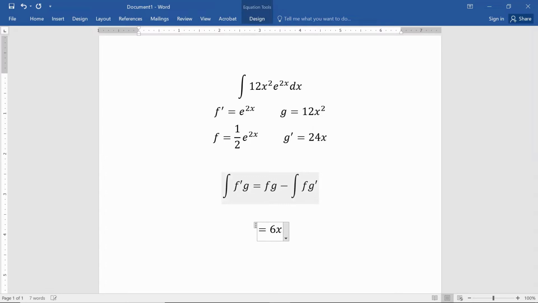I end up with 6x squared multiplied times e to the 2x minus my integration of f times g prime. Again, I'm going to multiply this. 24 times 1/2 becomes 12. I have an x and an e to the 2x.